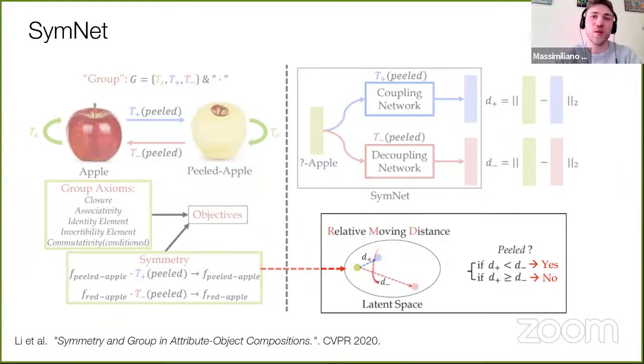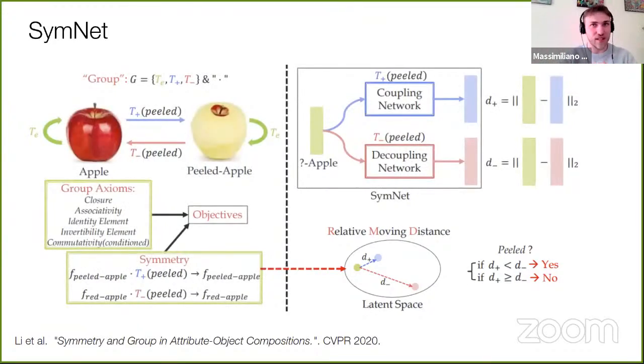If you remove the unripe, the distance will be small, because unripe is not a state of this apple. And this is what this approach does. I hope I gave you the overall idea. This is a very performing and pretty good method for compositional zero-shot learning, enforcing the properties that we want in the shared embedding space, but also inherently modeling how objects and states should relate and modify each other.